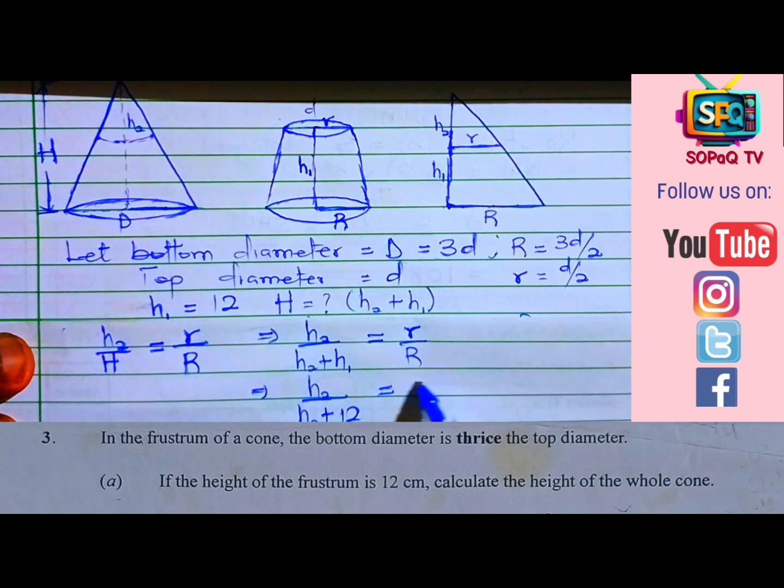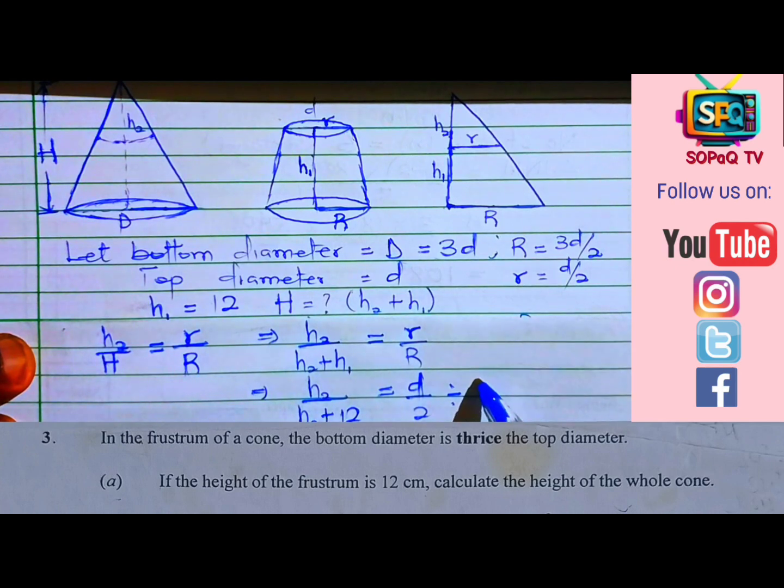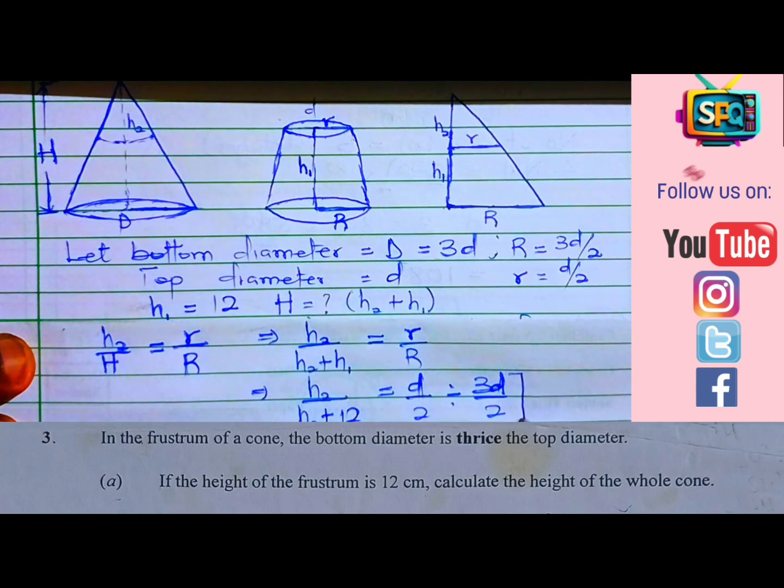Our small r can be written as d on 2, and capital R as 3d on 2.